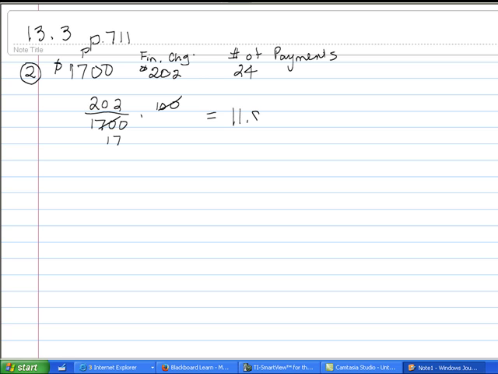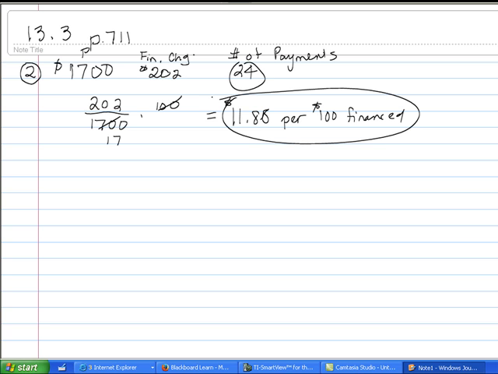That's per $100 financed. Okay, the number of payments and this amount are what we need for the table. So if we go to the table, we go down the side. Number of monthly payments is 24. We want to go across to get as close as we can to 11.88, and I see 11.86.